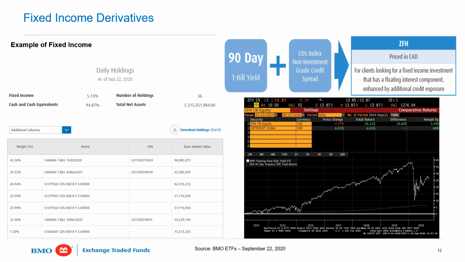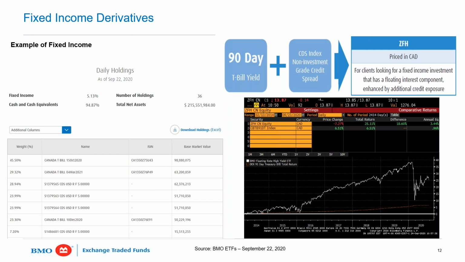It holds those T-bills as collateral, but it uses a swap, which is another form of derivative, to gain exposure to high yield credit spreads. So in essence, a 90-day T-bill yield is your underlying investment, plus whatever the spread is on the high yield index of the swaps this fund is holding. So you're getting a T-bill plus type of return.